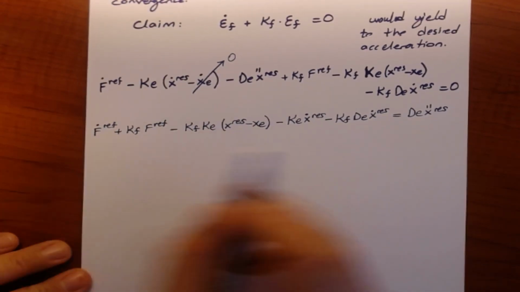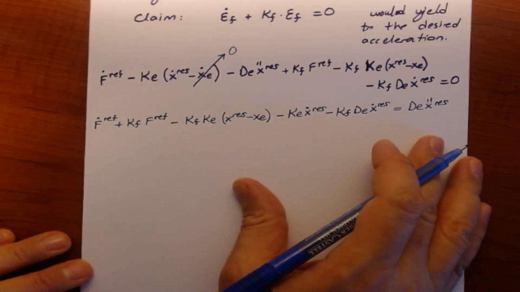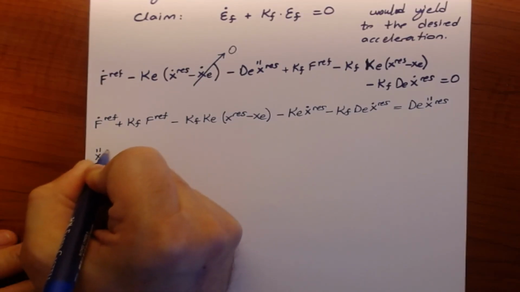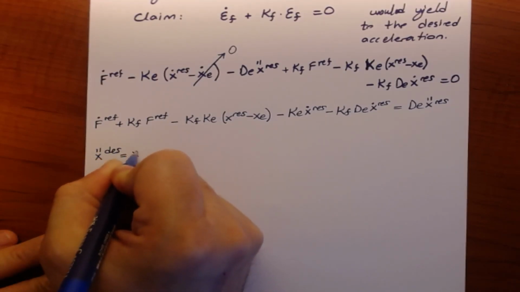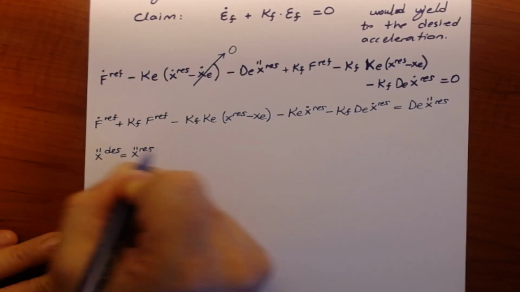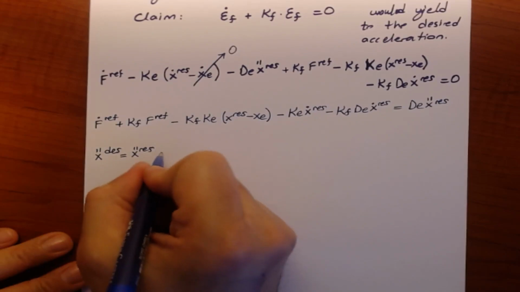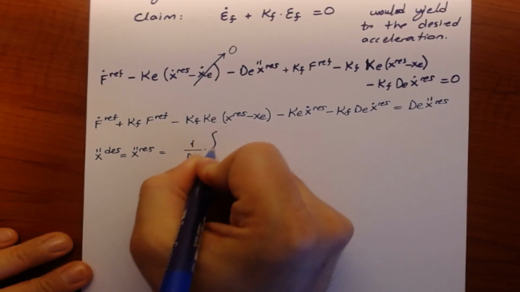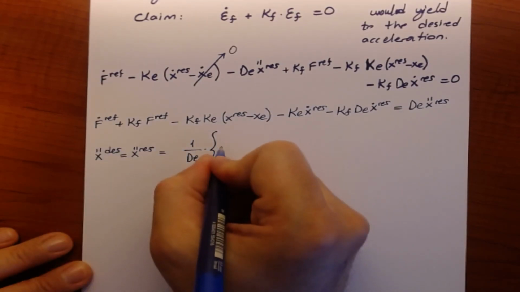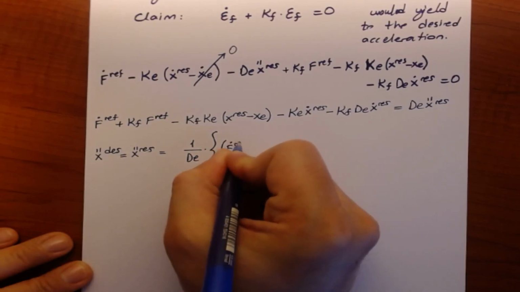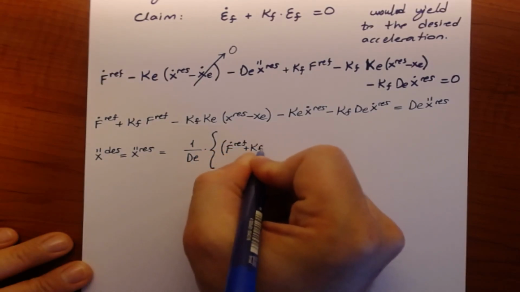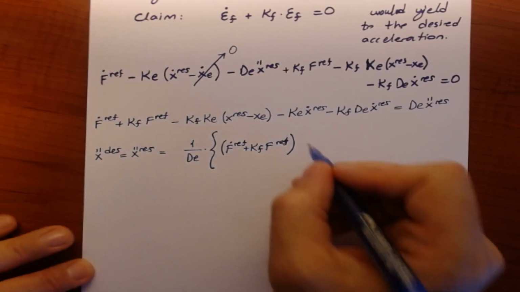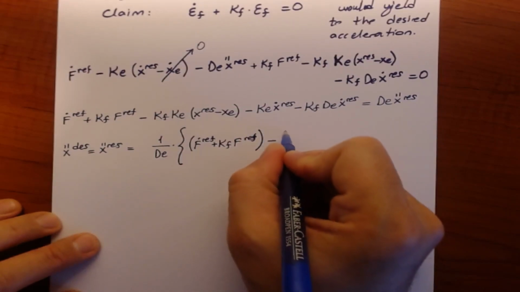Well, carrying out one more step of formulation here will give us this x double dot desired, which is nothing but x double dot response in a plant where we have the disturbance observer, should be equal to 1 over de times, we have the force terms, f dot ref plus kf f ref, I'm sorry, this is ref, okay, and then the feedback term minus here.